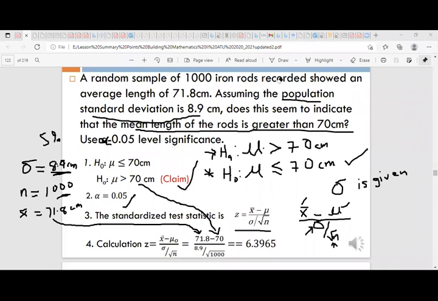So Salim says 0.2814. So basically, let me just do this for you.